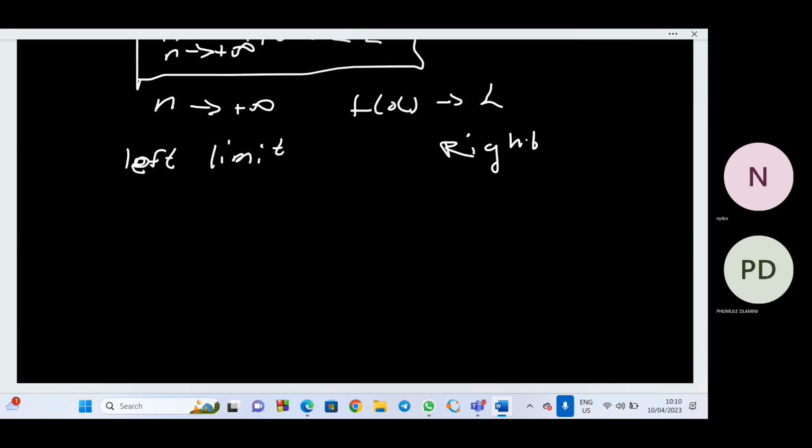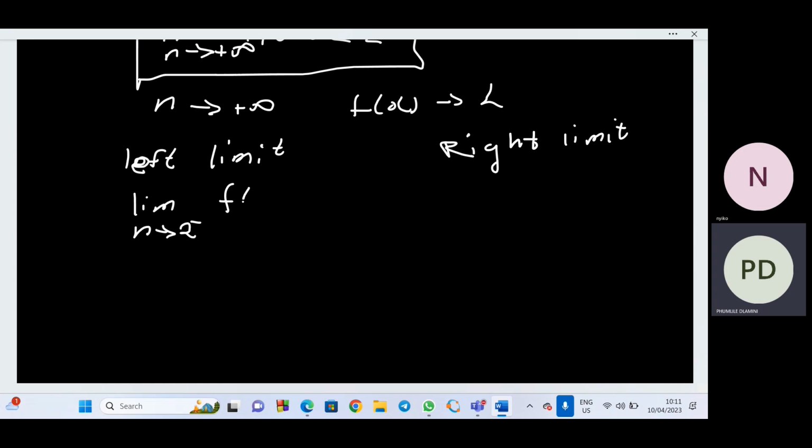The left limit is, if I have my limit as n, with a countable example, let's say approaches 2 to the power negative, of f of x, then this is equal to f of 2 negative.